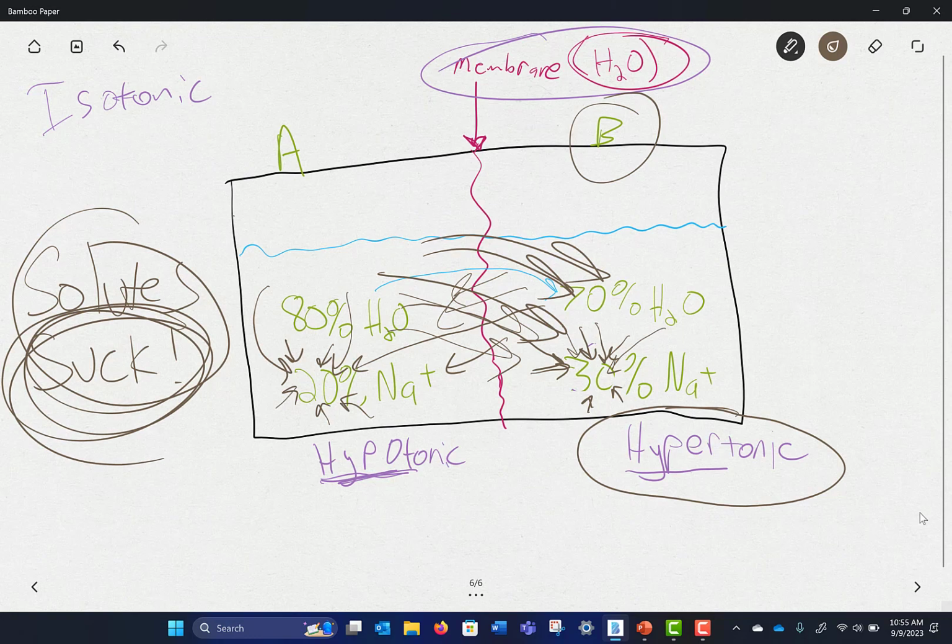It's going to suck more water towards itself. So even though water is moving in both directions, water is moving more towards side B, the side with the greater solute concentration. Water will always move from a hypotonic solution towards a hypertonic solution because solutes suck.